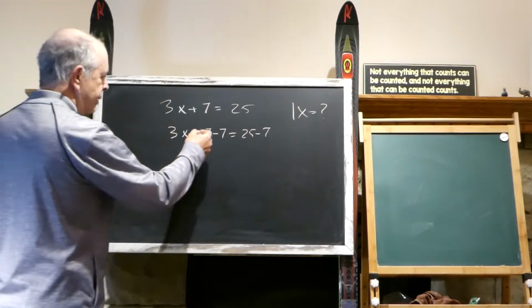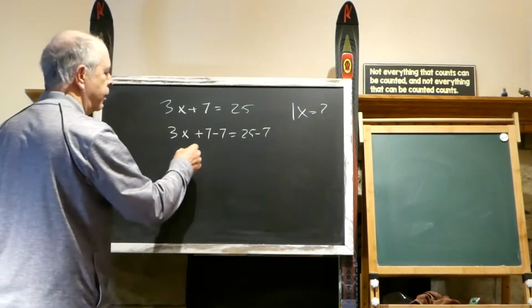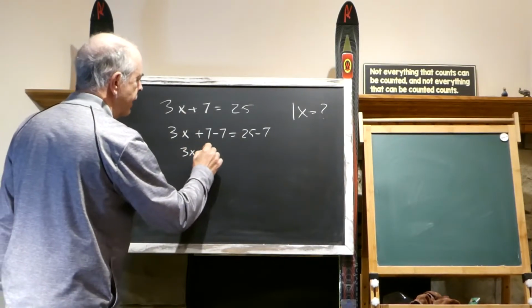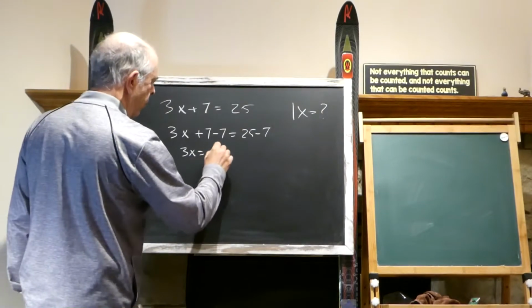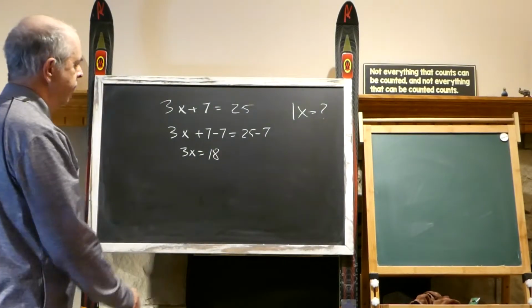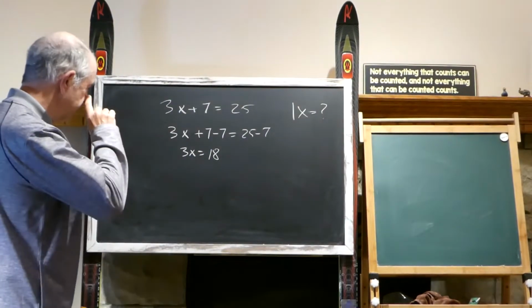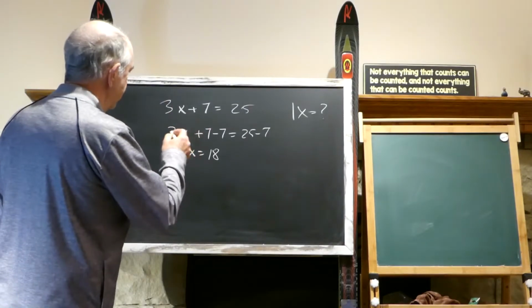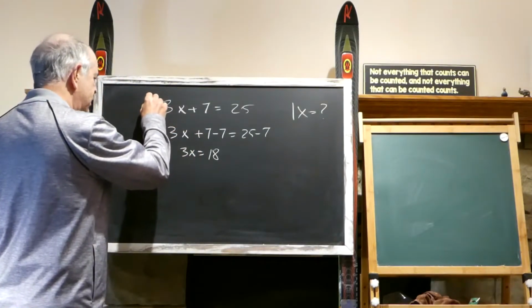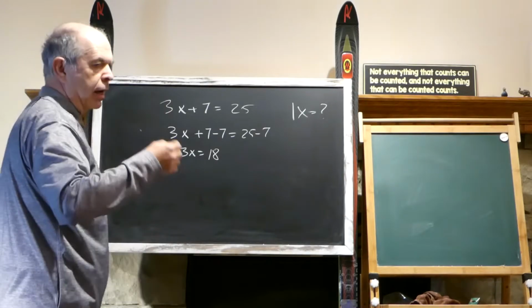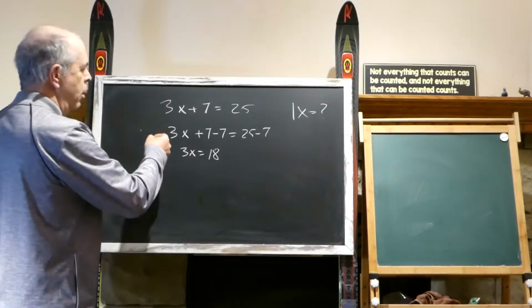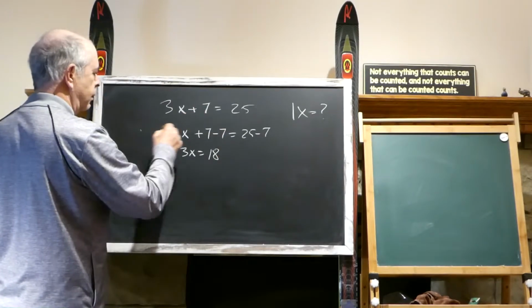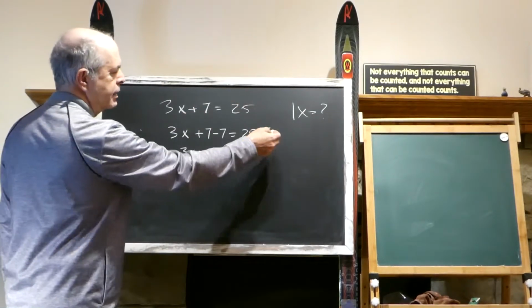Let's subtract 7 from both sides of the equation, and then we have 3x equals 25 minus 7, which is 18. So the trick is, if you're writing a scientific paper and solving this equation, you say, let's subtract 7 from both sides of the equation.